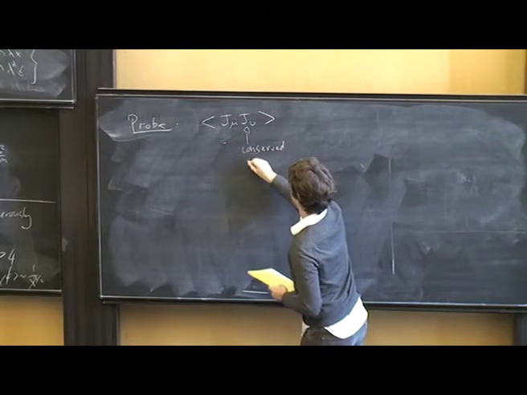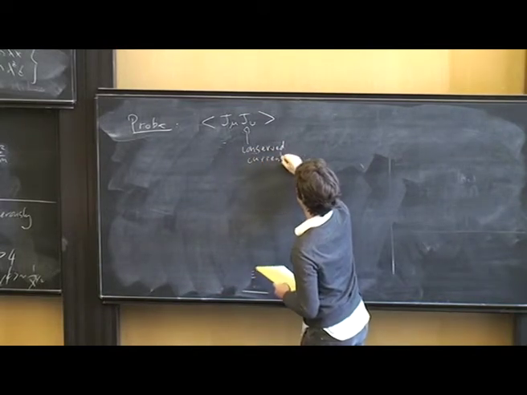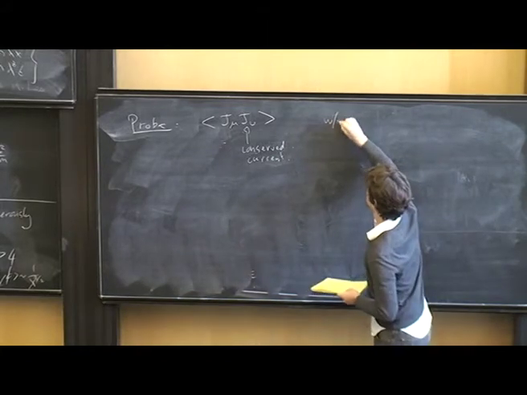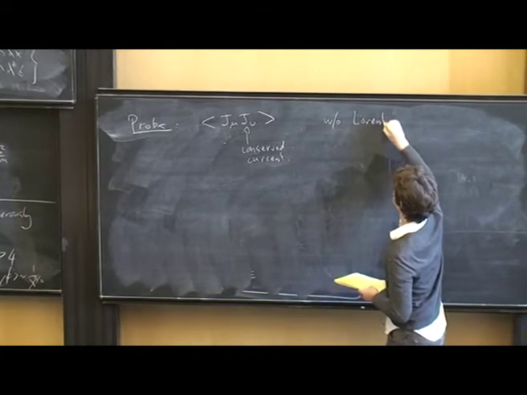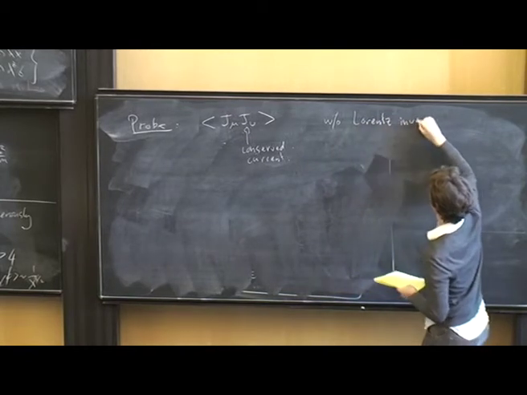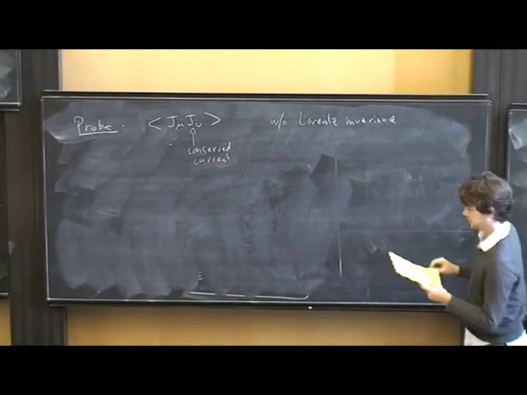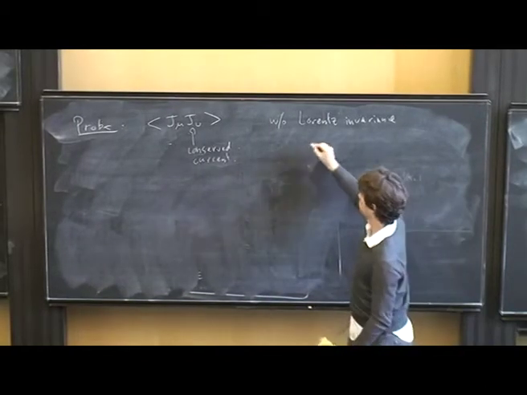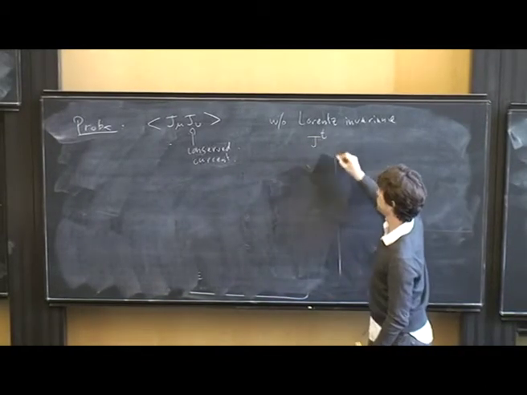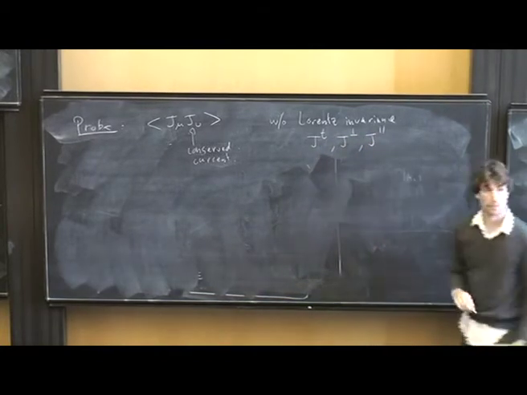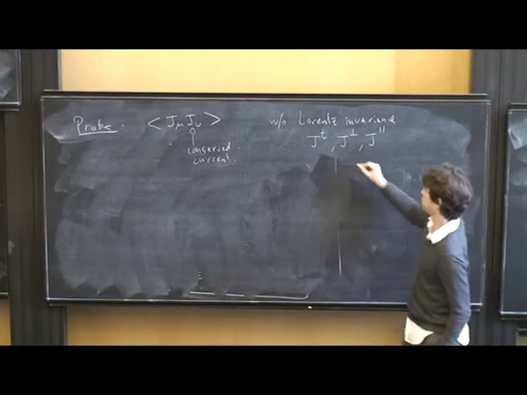Now, we've broken Lorentz invariance. So it turns out that without Lorentz invariance, there are two independent components. To start with, you might think there are three. There's J_t, the time component, and then there's what's called J perp and J parallel, where these are defined with respect to the momentum.